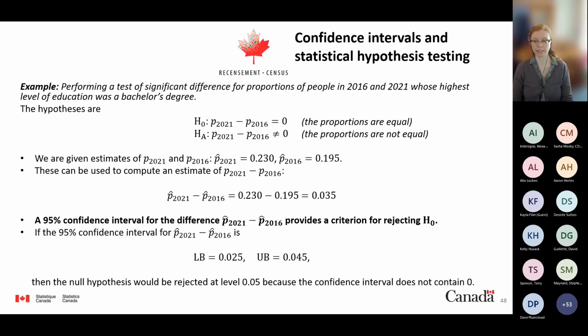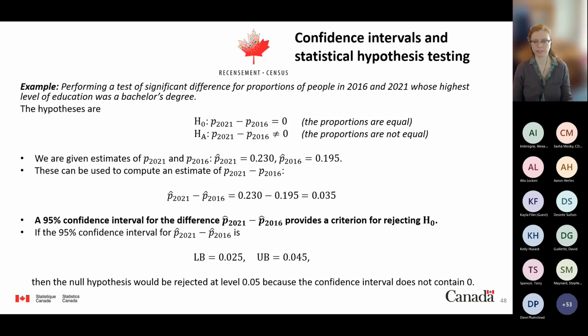So to do the test, we need to use an estimate of the difference, P 2021 minus P 2016, which is equal to 0.035. And the basic idea now is that we want to reject the null hypothesis if this estimate of P 2021 minus P 2016 is far enough from 0, and far enough will be defined by the confidence interval.